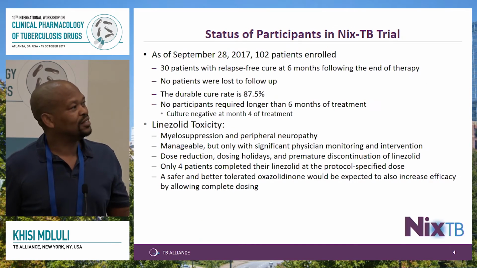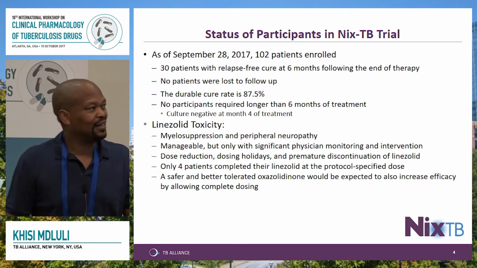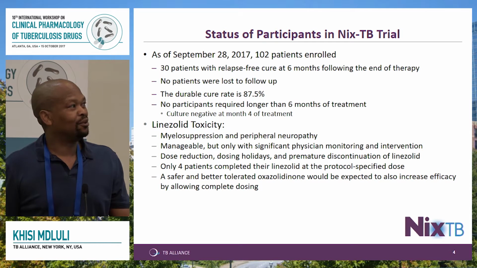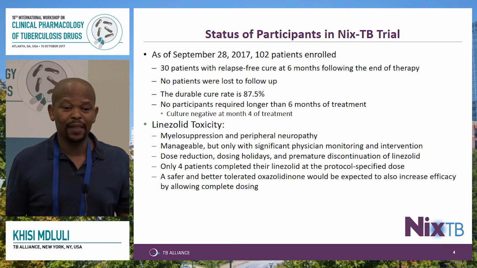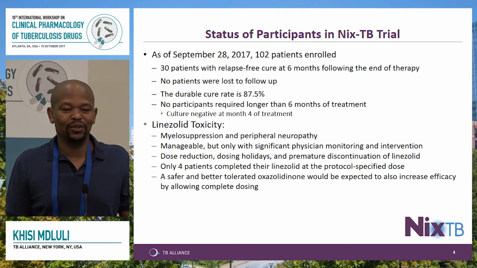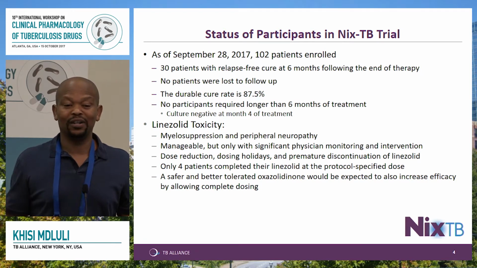So that regimen went into the next trial, and that happened in South Africa. This is the update as of about the end of last month. 28 out of 102 patients cured. 30 patients had already reached the first time point of 6 months of relapse, with no organisms that could be detected.